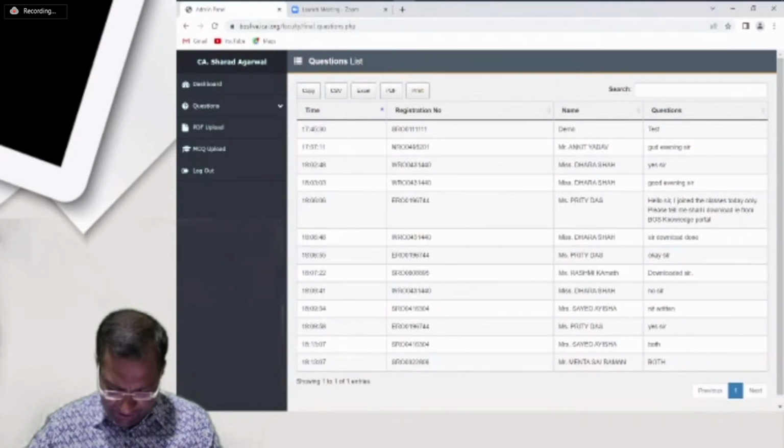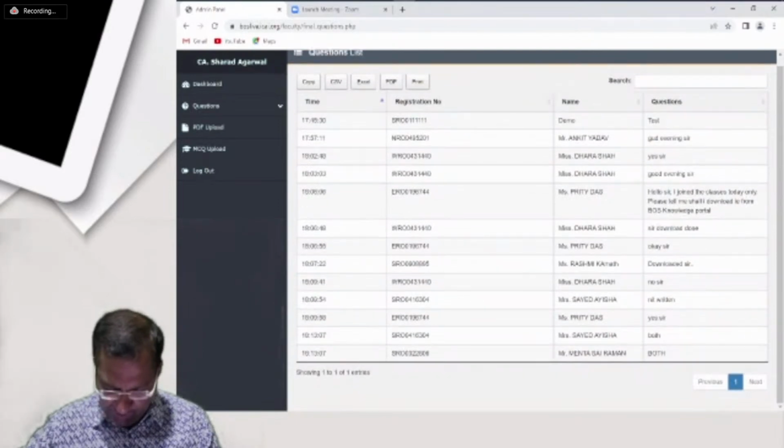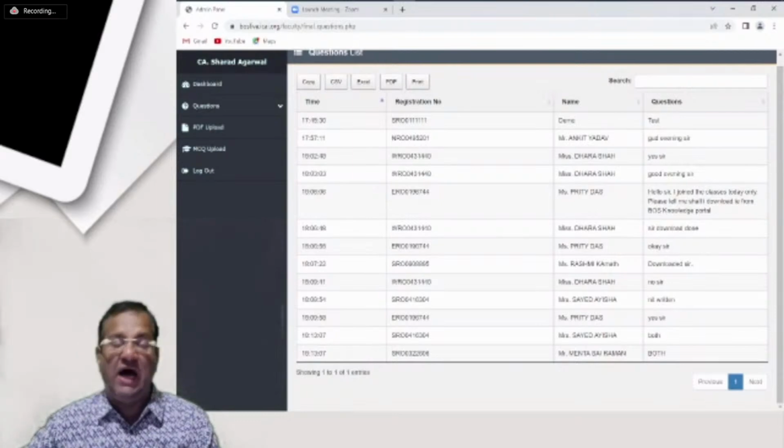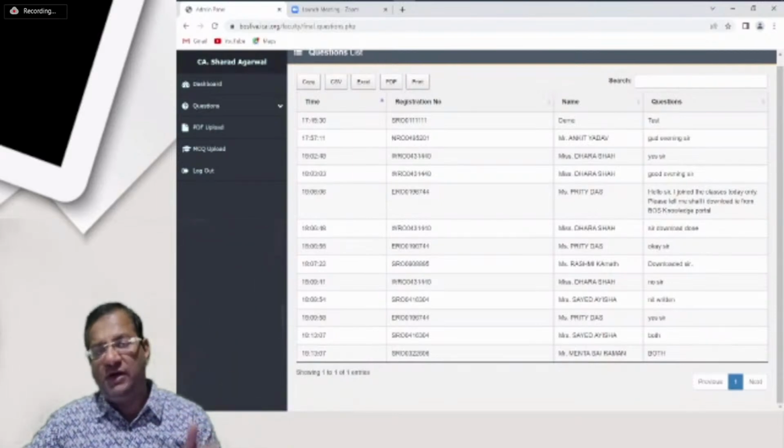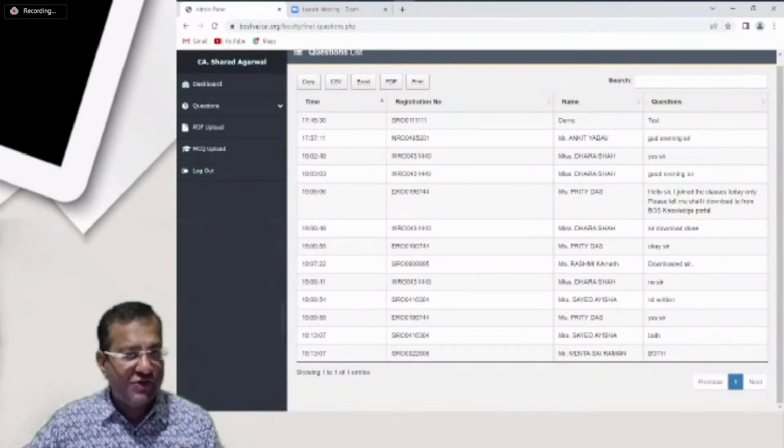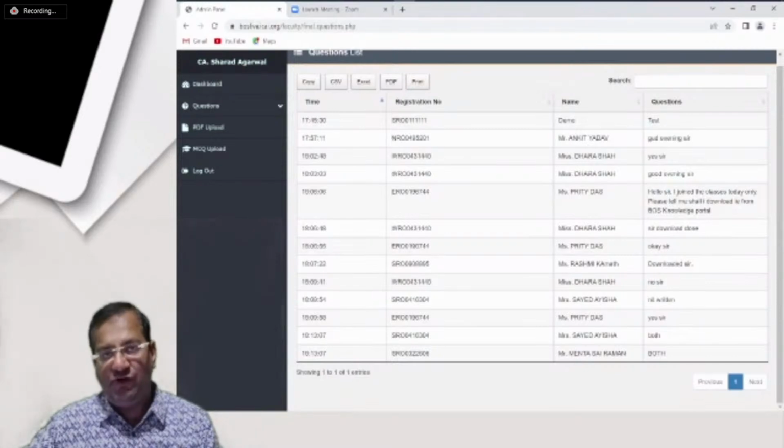Okay, Sayyid Aisha have communicated both the sectors. Menta Sai Raman, both the sectors. Yes, beta, the answer is both the sectors. Because just now we have written product or services. It means value chain analysis is equally applicable to the manufacturing sector as well as the service sector. Please write down this point, beta.